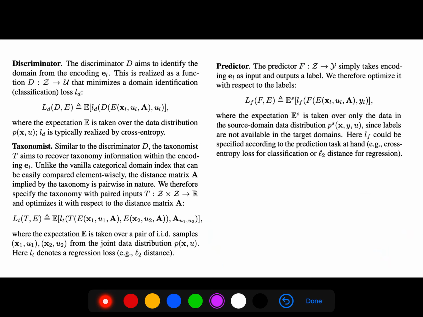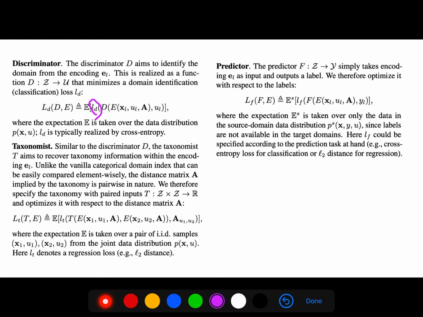The discriminator aims to identify the domain from the encoding E sub L. This is realized as a function D that minimizes the domain identification loss, where the expectation is taken over the data distribution. L sub D is just a cross entropy.